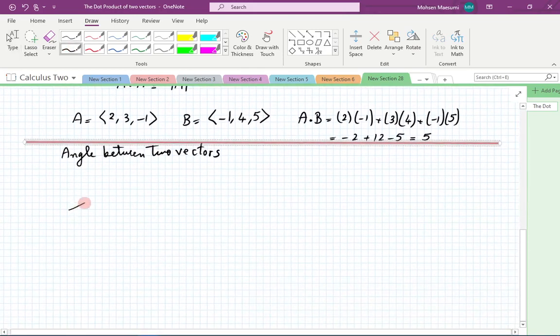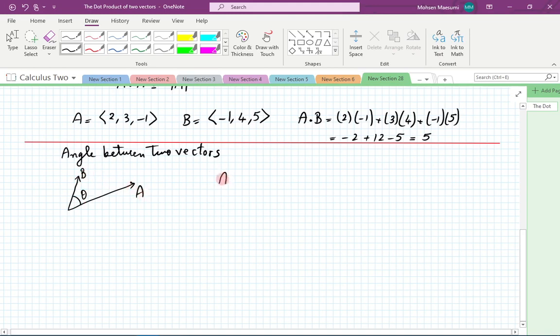Meaning what? If I have a vector A and I have another vector, say B, they make an angle between the two of them. The question is, what's the relationship between this angle, the lengths of these two, and the dot product of them?